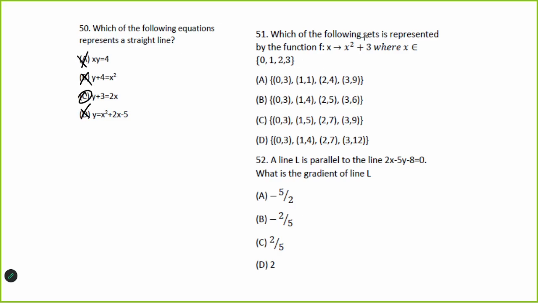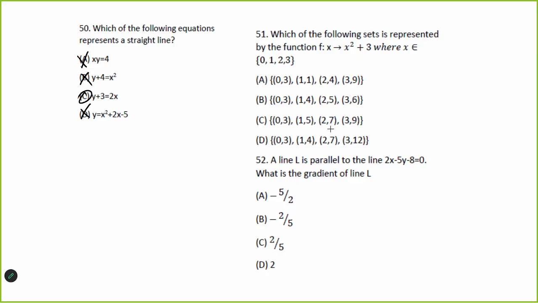Right? Which of the following sets is represented by the function x squared plus 2, where x is 0, 1, 2, 3? So when x is 0, y is 3. When x is 1, y is 4. When x is 2, 2 squared is 4, 4 plus 3 is 7.